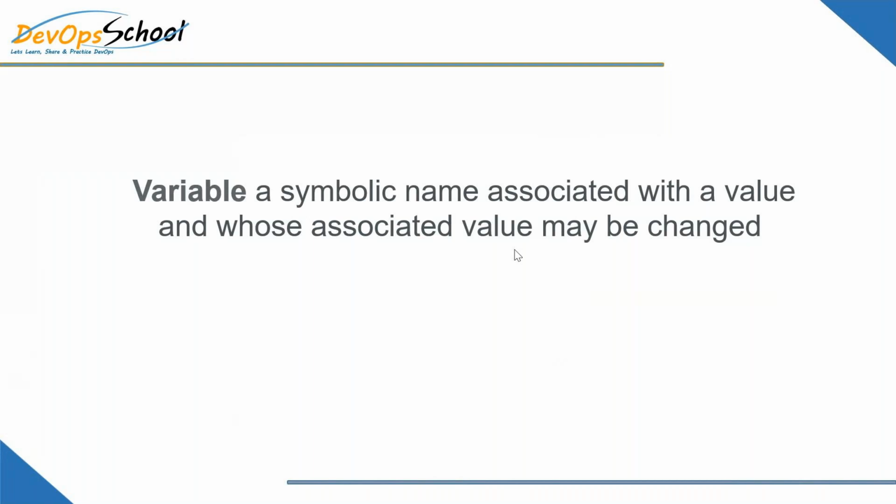Now, in order to understand the variables in Terraform, if you understand a little bit of Golang variables, that will be easier, because Terraform has been developed using Go only. Most of the things have been taken from the Go language itself.